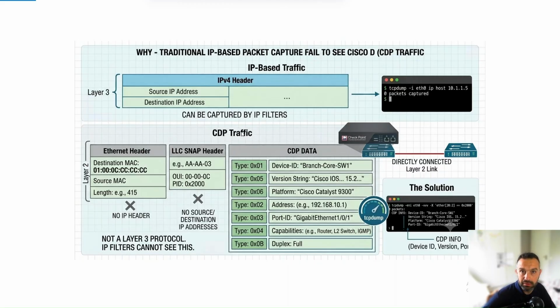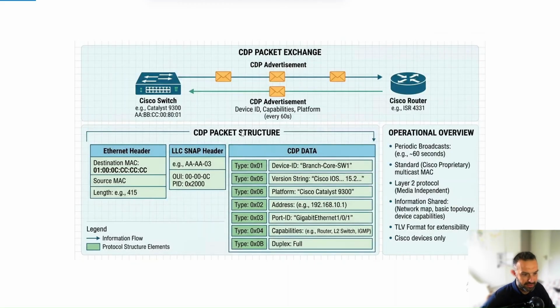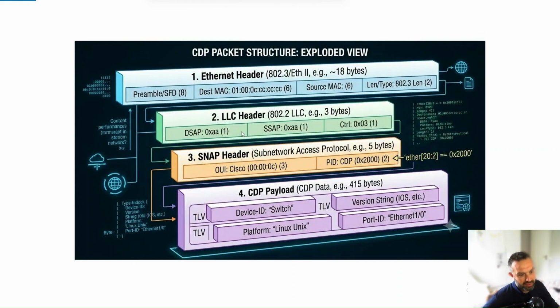So we need some understanding of the packet structure. As we can see here, this is a CDP frame. We have the Ethernet header, the LLC header, the SNAP header, and the CDP payload.